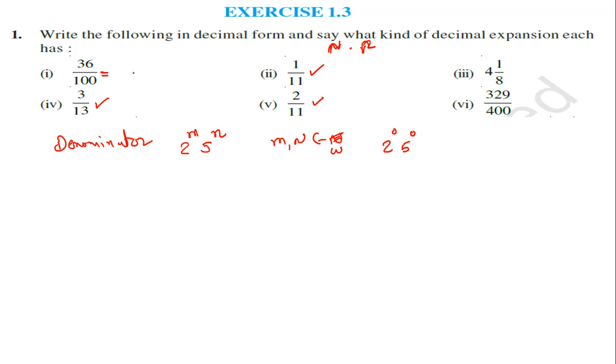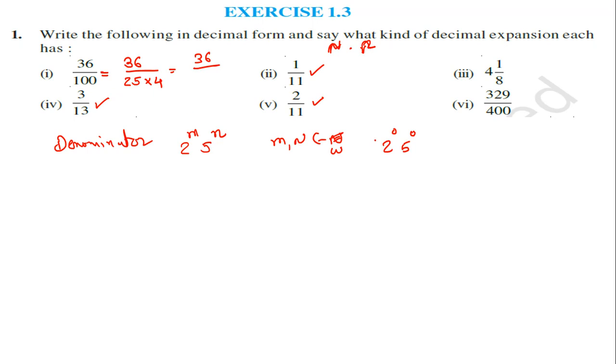See here, let me show you this, 36 over 100. So 100, what you can write is 25 times 4. Why have I written 25 times 4, not 50 times 2?